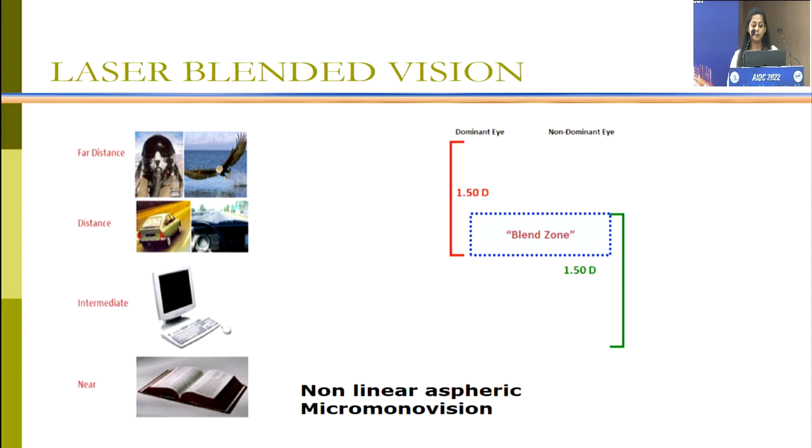So what is the laser blended vision? The blend zone is the dominant eye correcting for the distance, and the non-dominant eye correcting for the near, the 2 meeting points. The 2 meeting points is the laser blended zone.